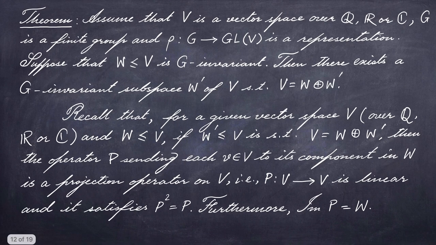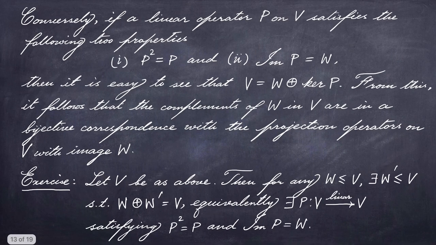Earlier we have seen that for given V and W, for every complementary subspace we obtain a projection operator whose image is W. Now what we have seen is that for every projection operator whose image is W, we can produce a complementary subspace of W. I would like to leave the following for your verification, that these two observations immediately guarantee that the complementary subspaces of W are in bijective correspondence with all the projection operators with image W.